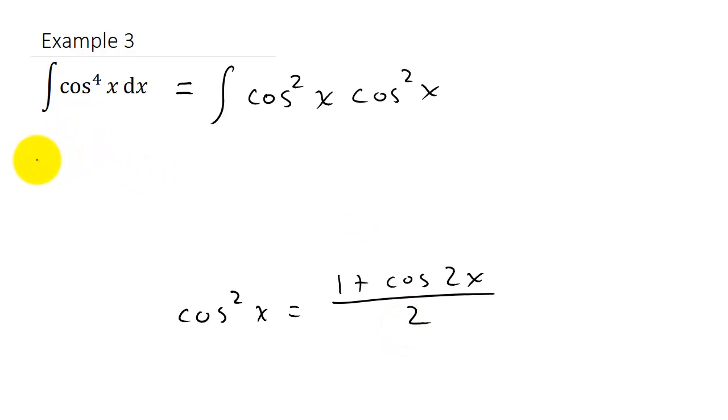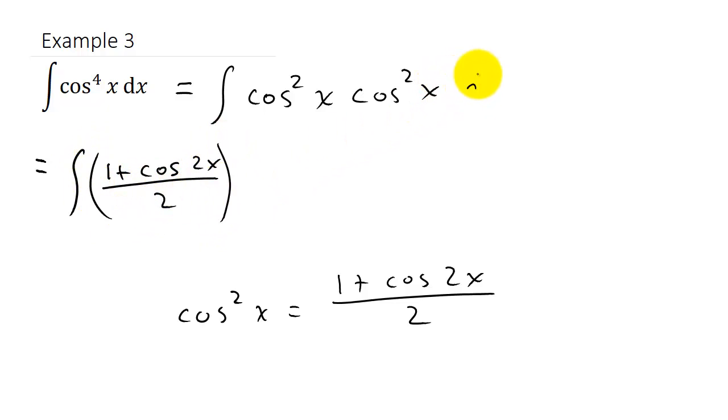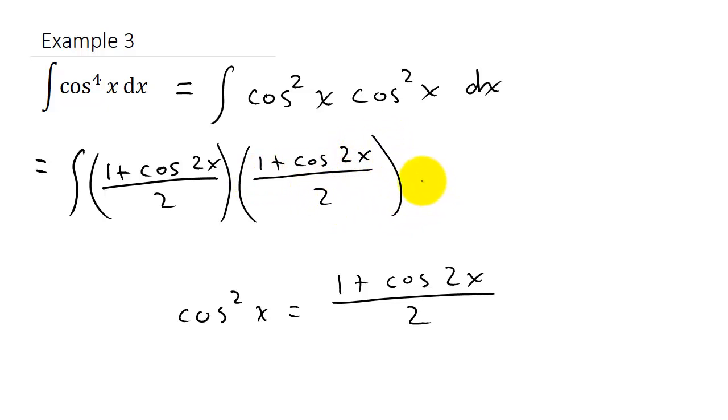So this is going to give me 1 plus cosine 2x over 2, oh, sorry, left my dx off, times 1 plus cosine 2x over 2 dx. Okay, let me erase this formula here.